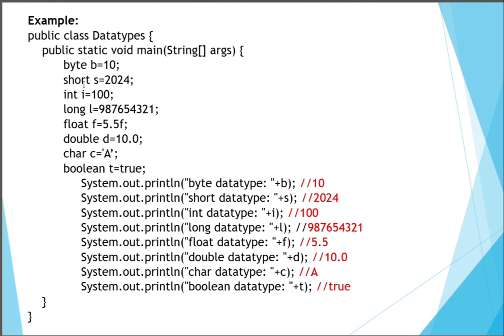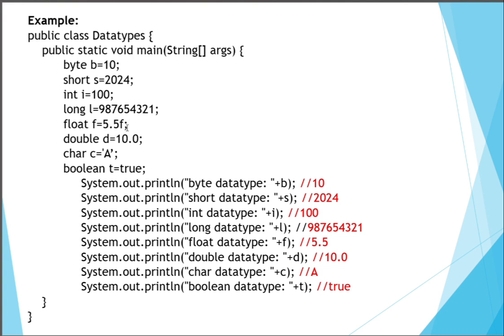Here sc is a short data type and stores the value 2024. Here i is an int data type and stores the value 100. Here l is a long data type and stores this value. And f is a float data type and stores the value 5.5.